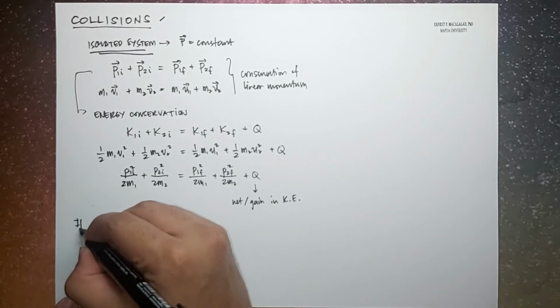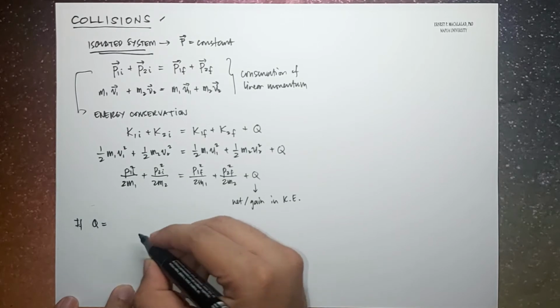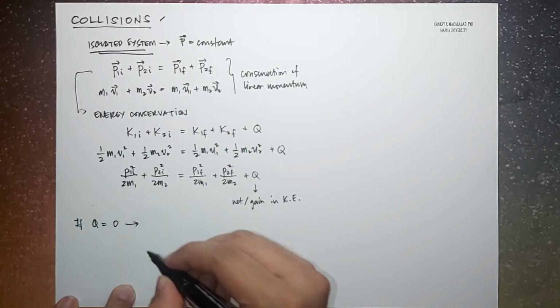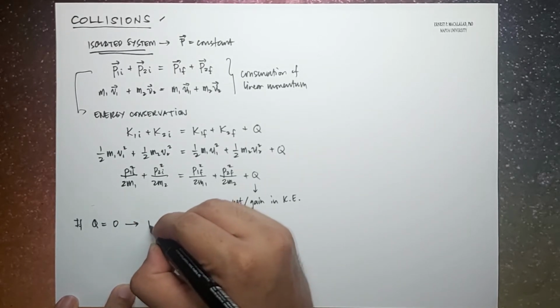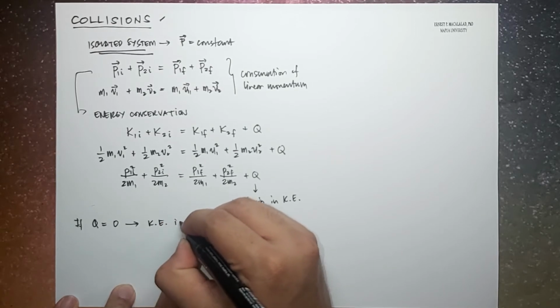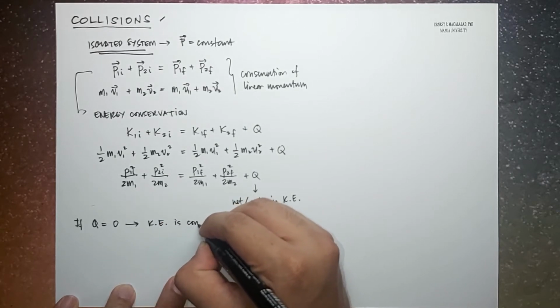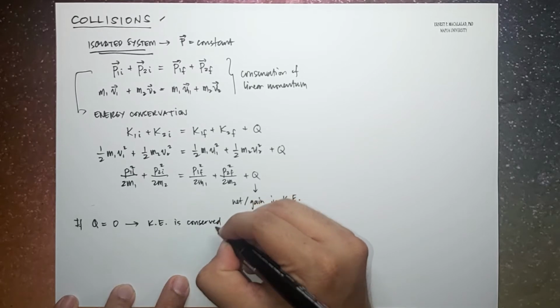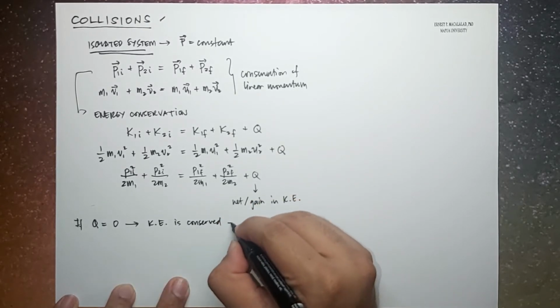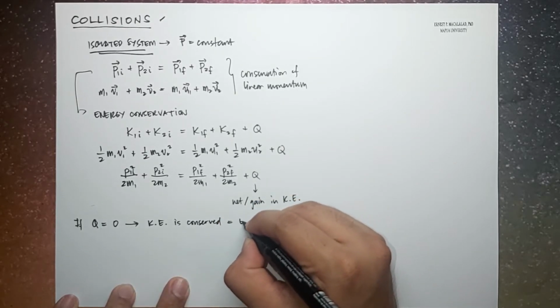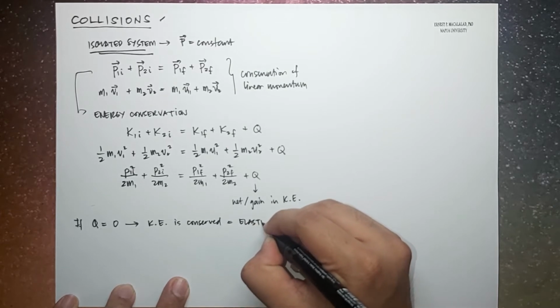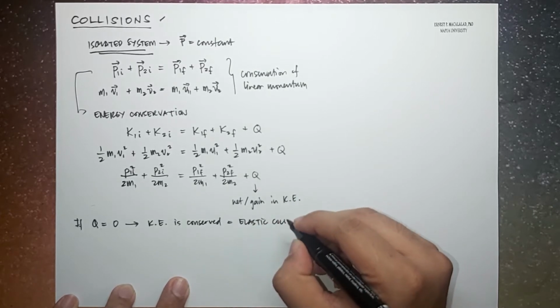So for example, if Q is equal to 0, this means that the kinetic energy is conserved. This special kind of collision is called an elastic collision.